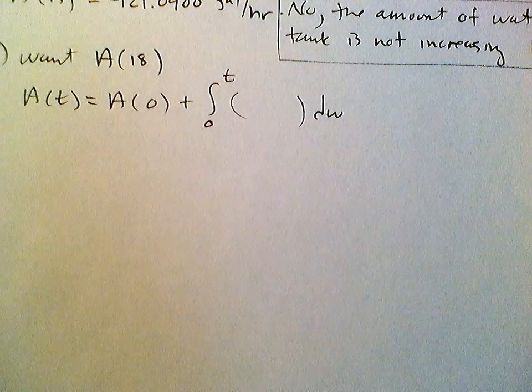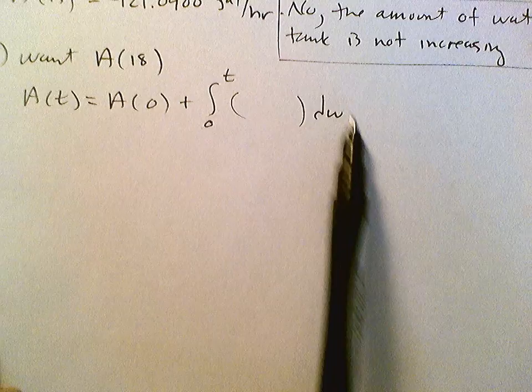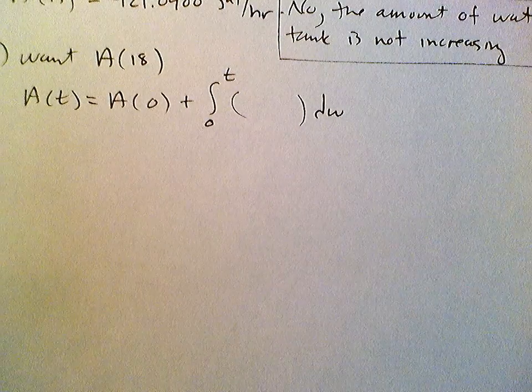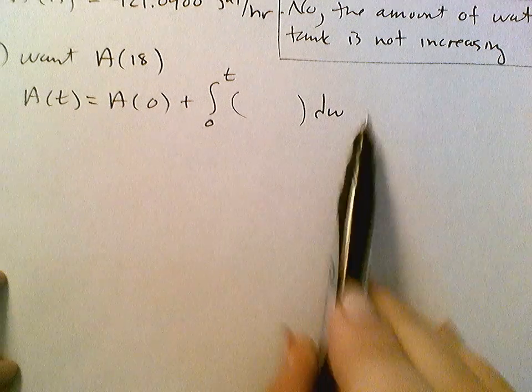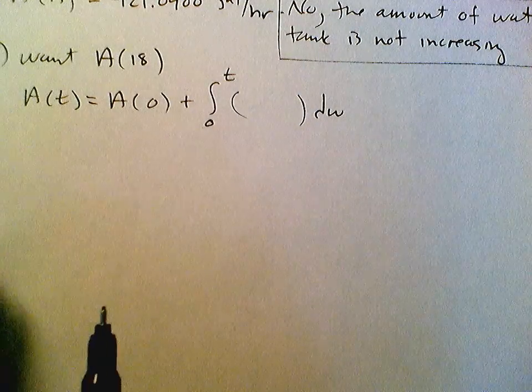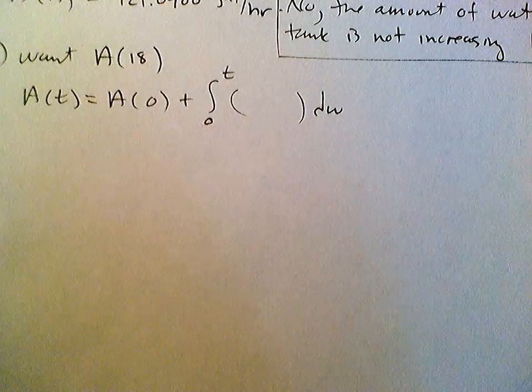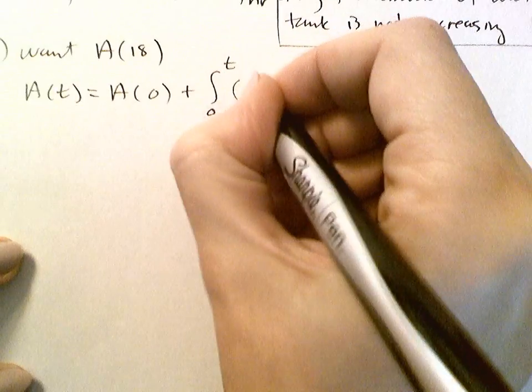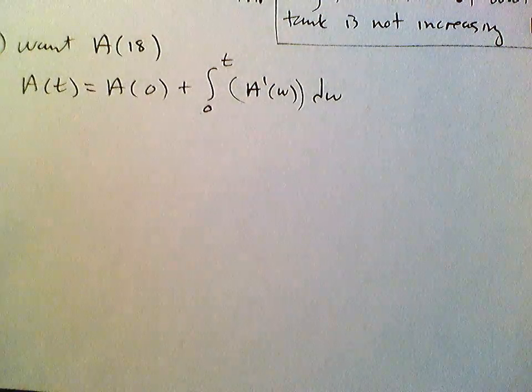And guys, from now on, I'm going to use W for the input variable because X's and T's show up so much, it's easy to mix them up. So I'm always going to use W in here. And I'm actually getting that from Evan. Thank you, Evan. So inside is going to go A prime of W.